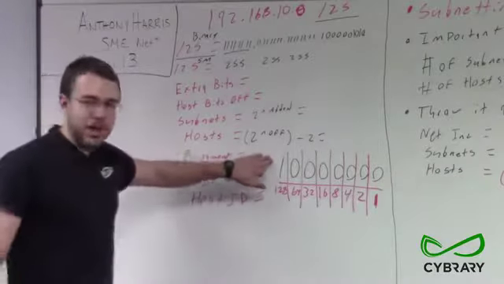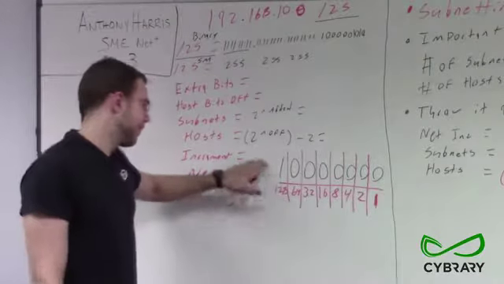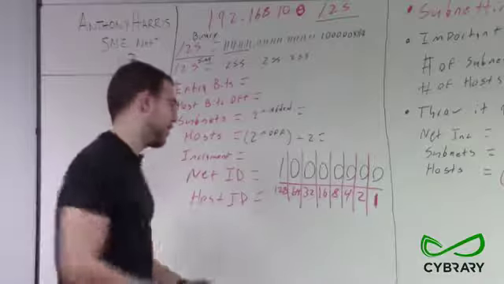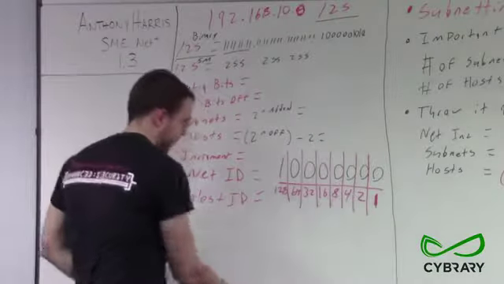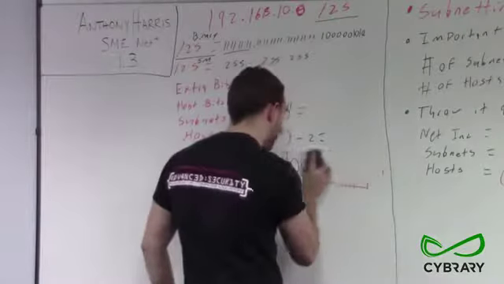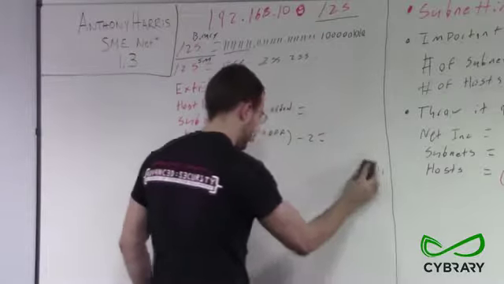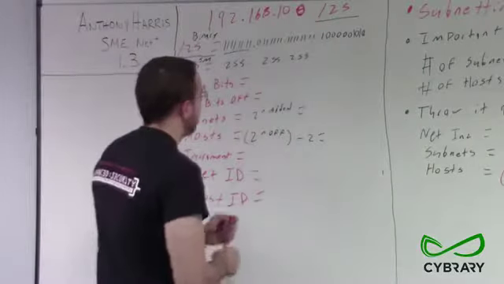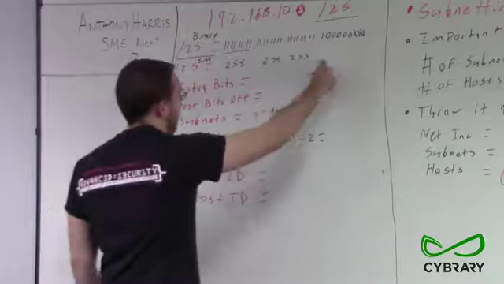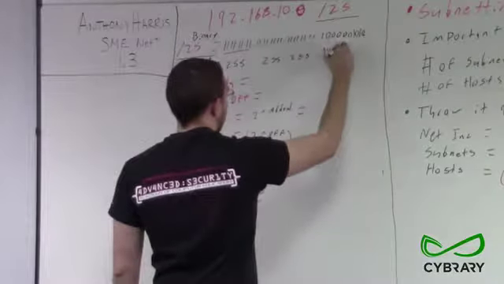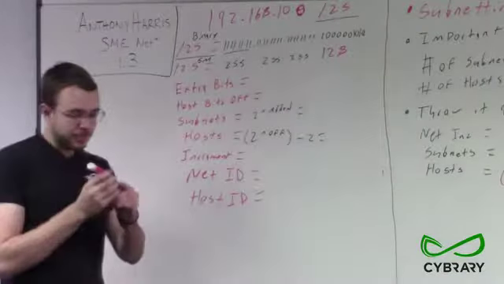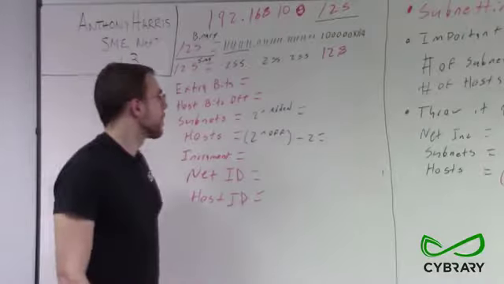We have a 1 in the 128 place, so this is 128. The rest are zeros. So what does that mean, guys? That means our last octet in our subnet mask is 128. And the rest are zeros.